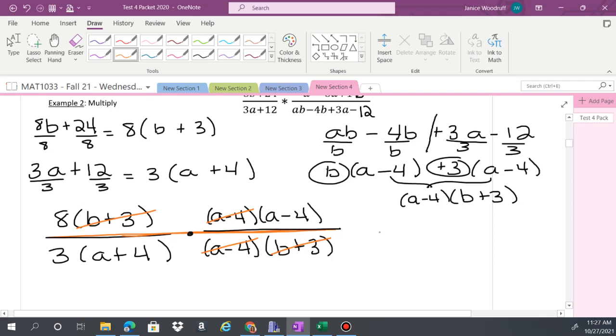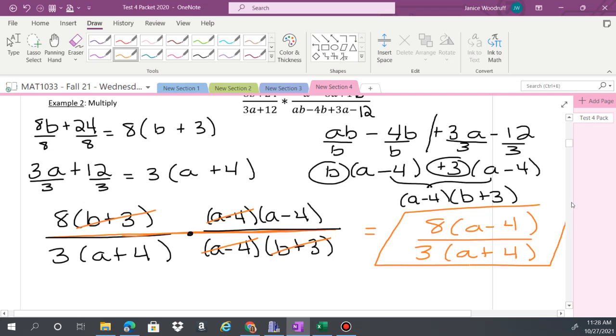So I am left with an 8 on the top and an a minus 4, and then a 3 and an a plus 4. Okay, so 8 and 3 can't reduce, but if I could reduce that, I would want to. But the a plus 4, a minus 4, completely different, so we're not able to cancel those either. So this is what we're left with. So it definitely gets smaller, not as small as our last one, but it did reduce a little bit.